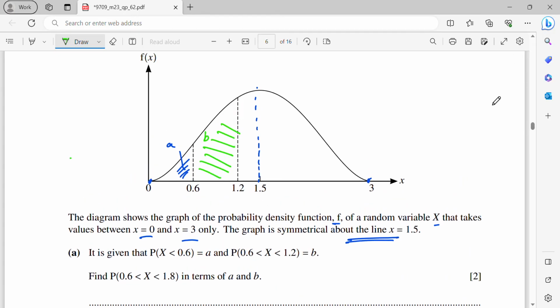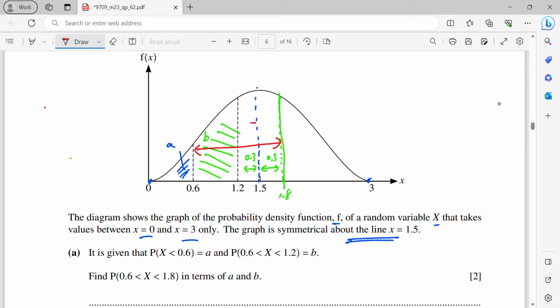From here, we know that 1.5 is a symmetrical line, which means the difference here is 0.3, so the other point is going to be 1.8. Now you need to find the probability between 0.6 and 1.8.